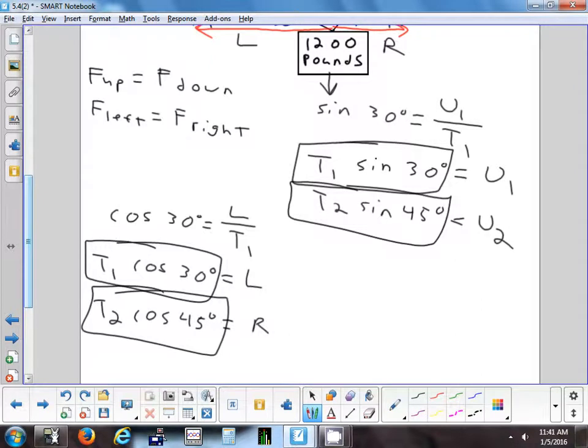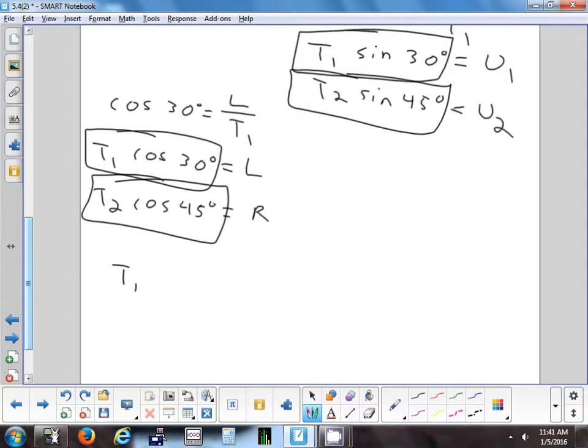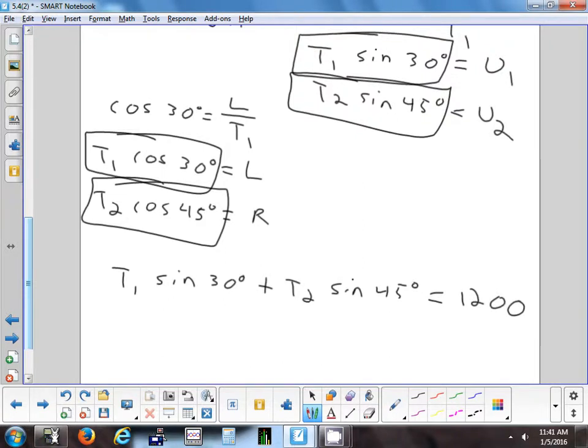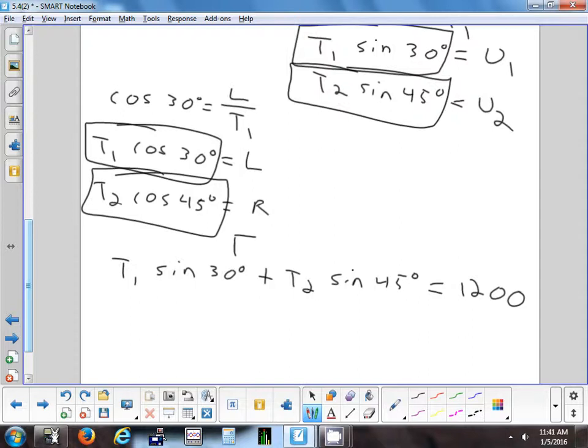Both cables are holding it up. And what are they holding up? How much weight? They're holding up 1,200 pounds. So this is force up, force down.